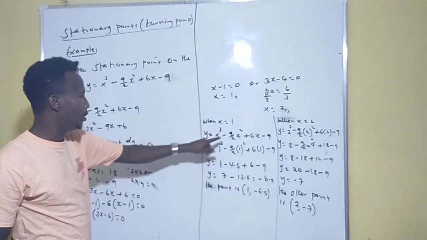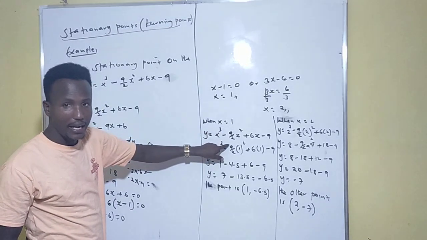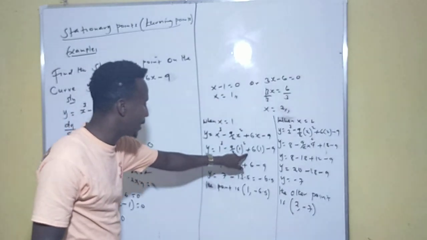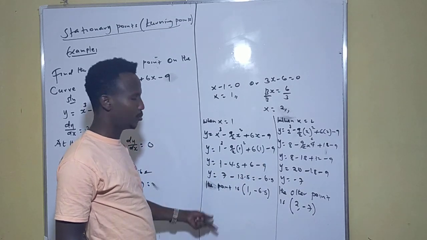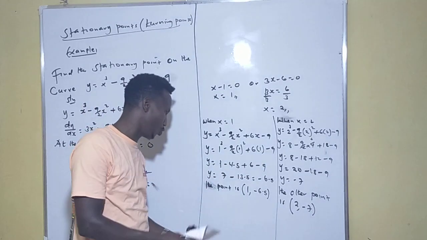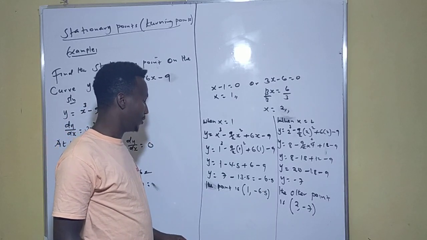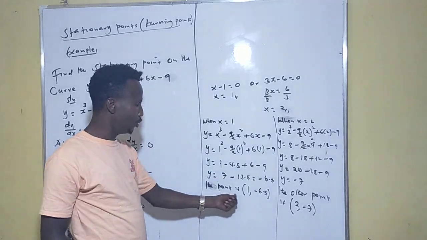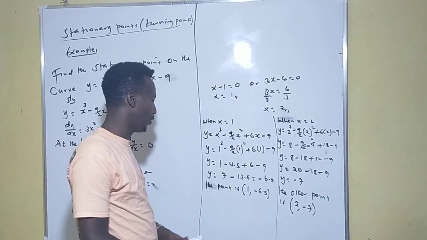Then substituting with the 1, I have 1 cubed minus 9 over 2 into 1 squared plus 6 into 1 minus 9. This substitution method is also from Form 3 and Form 2 concept. From there, I got the y value as negative 6.5. So the point is 1, which is the x value, comma, negative 6.5.